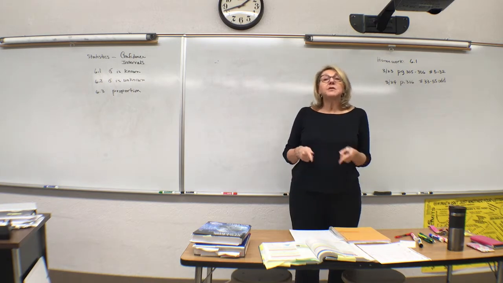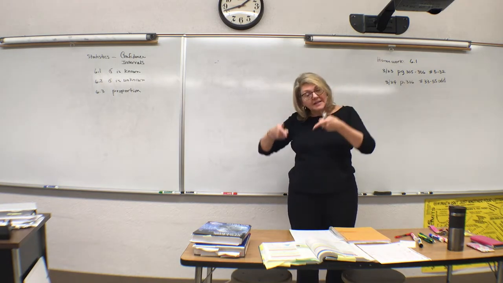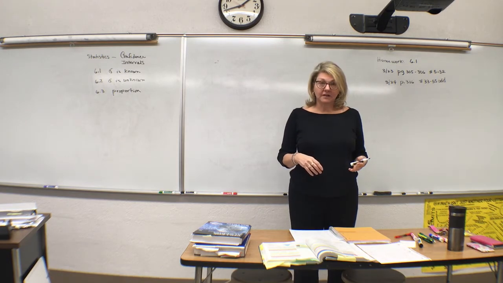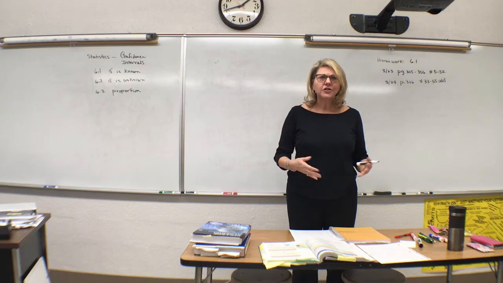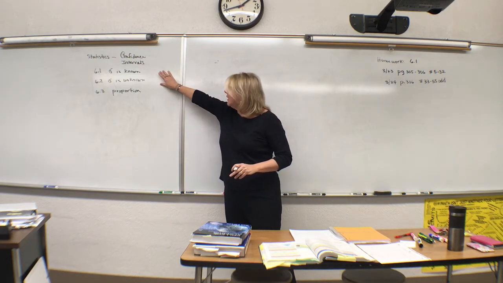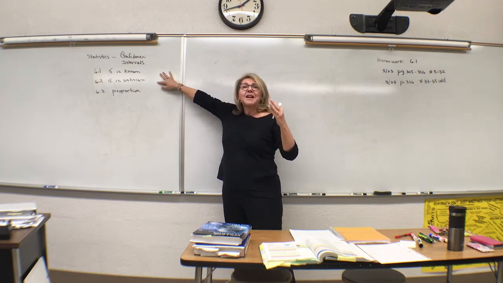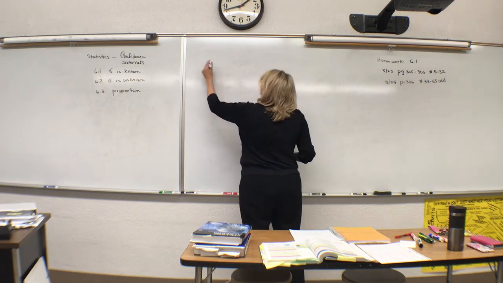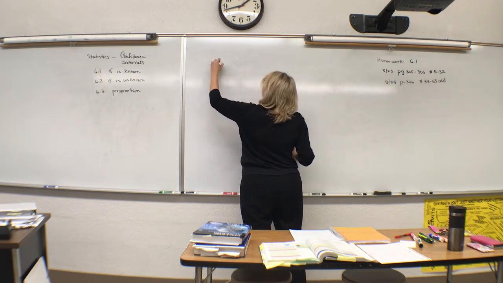Now remember, we're using sample data and sample analysis, descriptive statistics, to make inferences about populations, inferential statistics. In 6.1 and 6.2, we're going to be working with that unbiased estimator, that point estimate that we know as mu, which is the mean of the population.